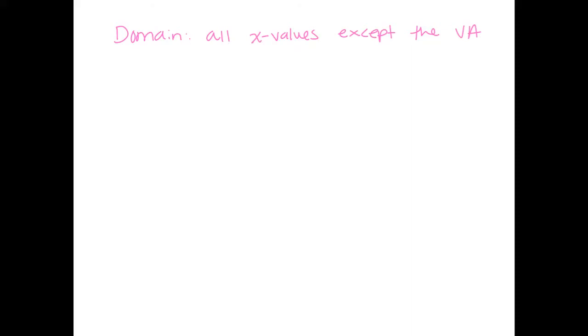And so this is always going to be written as x is less than the vertical asymptote or x greater than the vertical asymptote. And then interval notation is going to be negative infinity to the vertical asymptote union the other side of the vertical asymptote all the way to infinity.